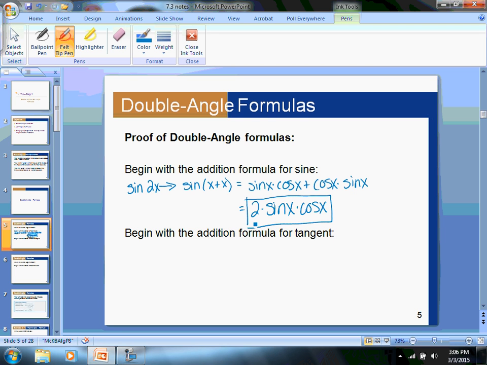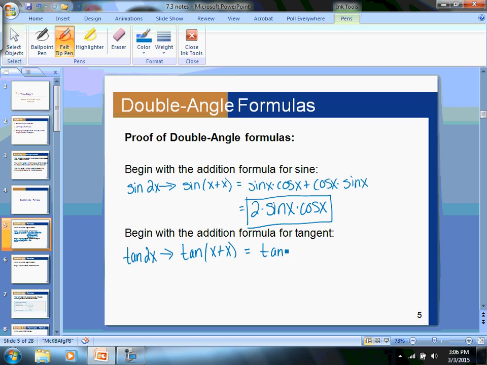Now we have one for cosine as well, but I'm going to come back to it because it's a little more involved. So we're going to skip to tangent. And for tangent of 2x, this is where I would have the tangent of x plus x. So then I'm going to substitute these x's into the addition formula for tangent.